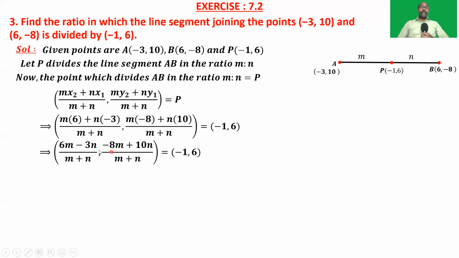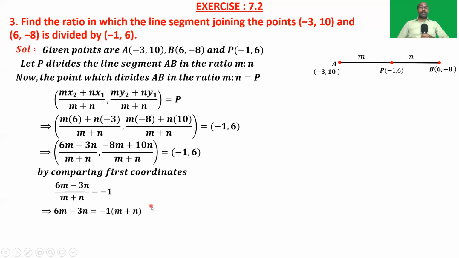Now by comparing either first coordinates or second coordinates, we can find the ratio m is to n. Let us compare first coordinates. 6m minus 3n by m plus n is equal to minus 1. So by cross multiplication, we get 6m minus 3n is equal to minus 1 into m plus n.